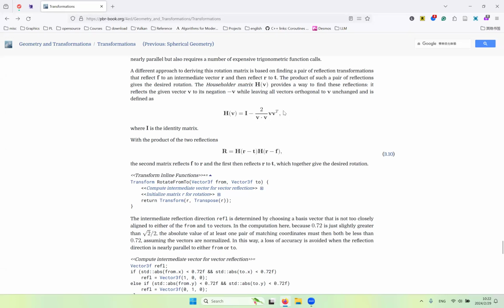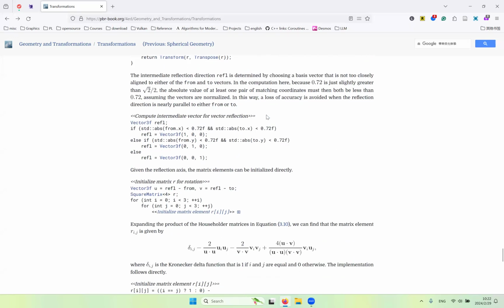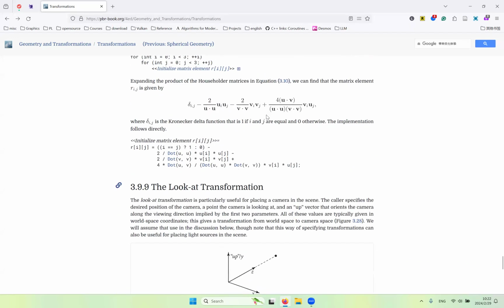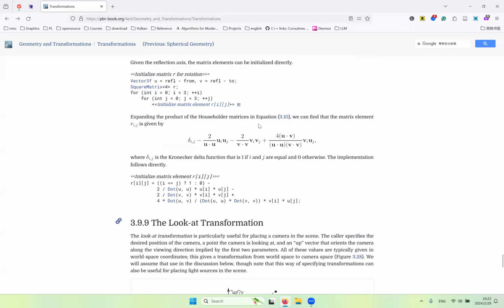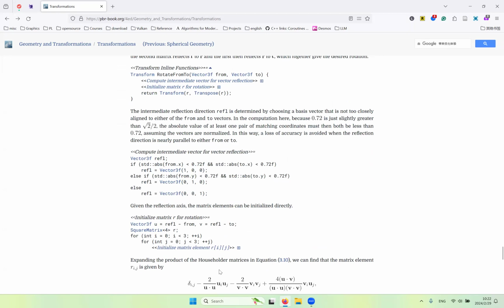And it's just some dot product. I will skip the detailed maths, but I think this is definitely worth understanding.